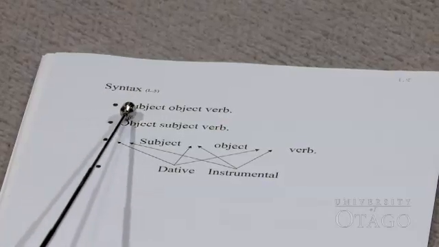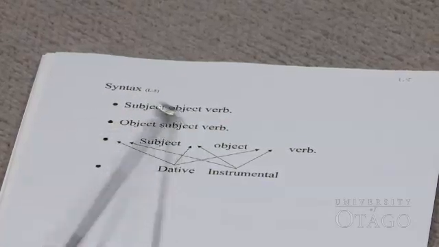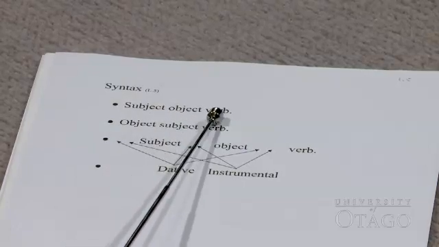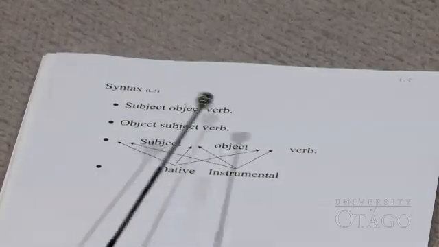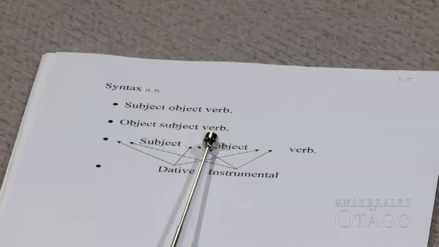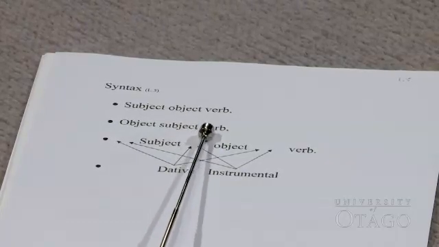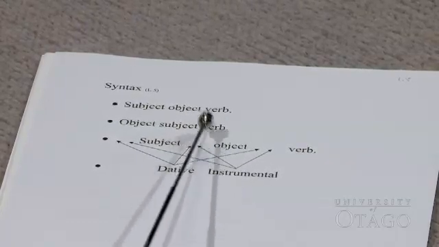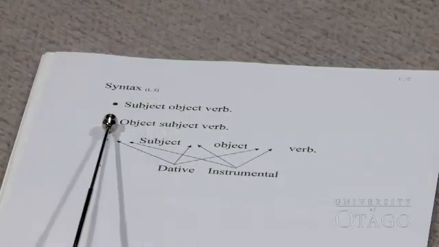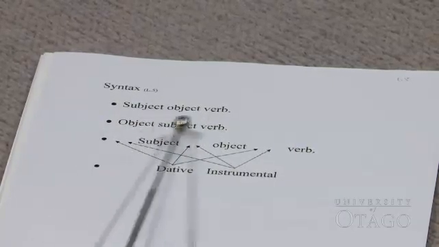From lesson 4, you studied nominative and accusative, that is, subject, object, verb, and object, subject, verb. Some more questions: can we change the verb, put it in front of the sentence or in the middle of the sentence?